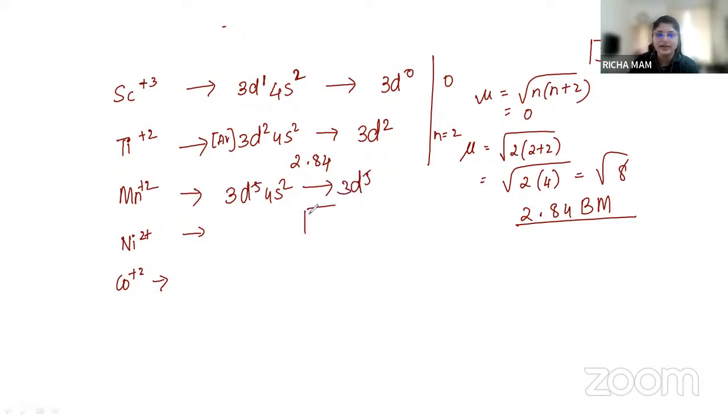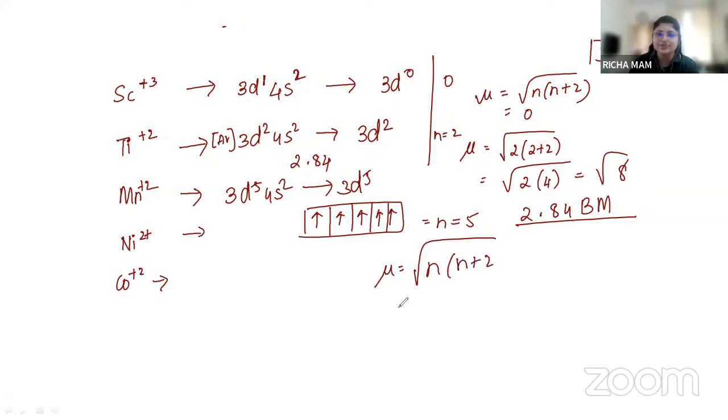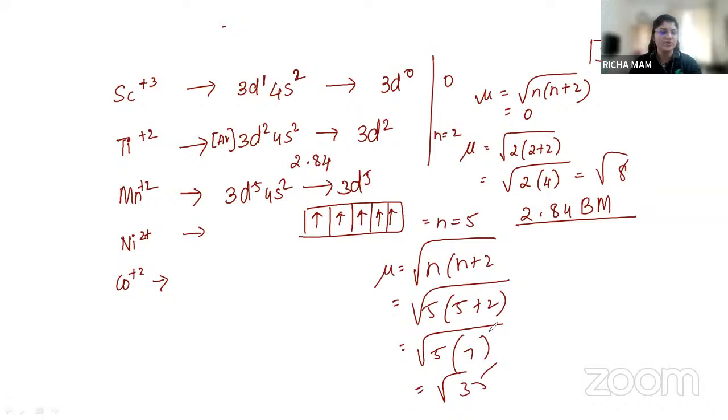Now, when you are filling up the electrons, the electrons will be filled singly. So how many unpaired electrons are there? 5. So use the formula mu is equal to square root of n into n plus 2. So square root of 5 into 5 plus 2, 5 sevens are 35. Take the square root of 35.